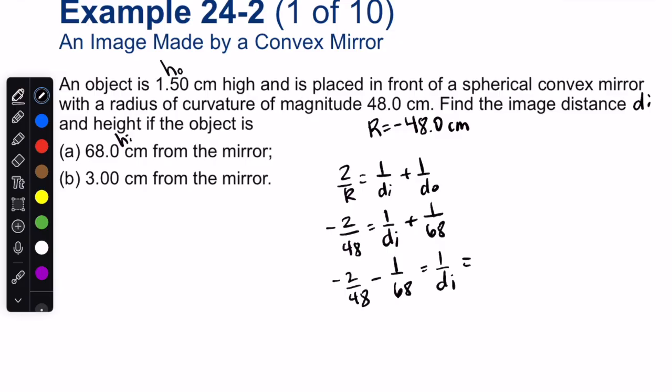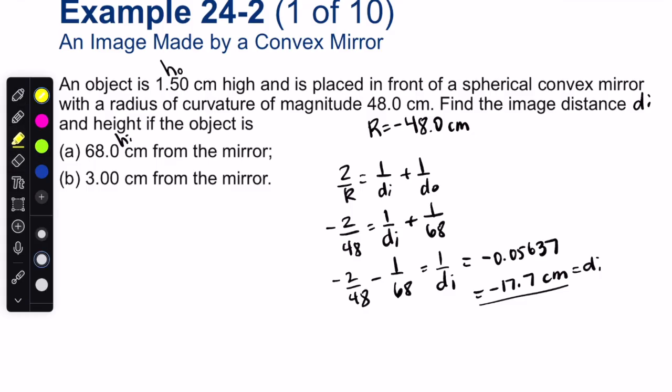That just happened to me. So I get negative 0.05637. I'm going to invert that to get di, and I get negative 17.7 centimeters. My di is negative, as it should be for a convex mirror, because convex mirrors always produce virtual images. So di should definitely be negative.